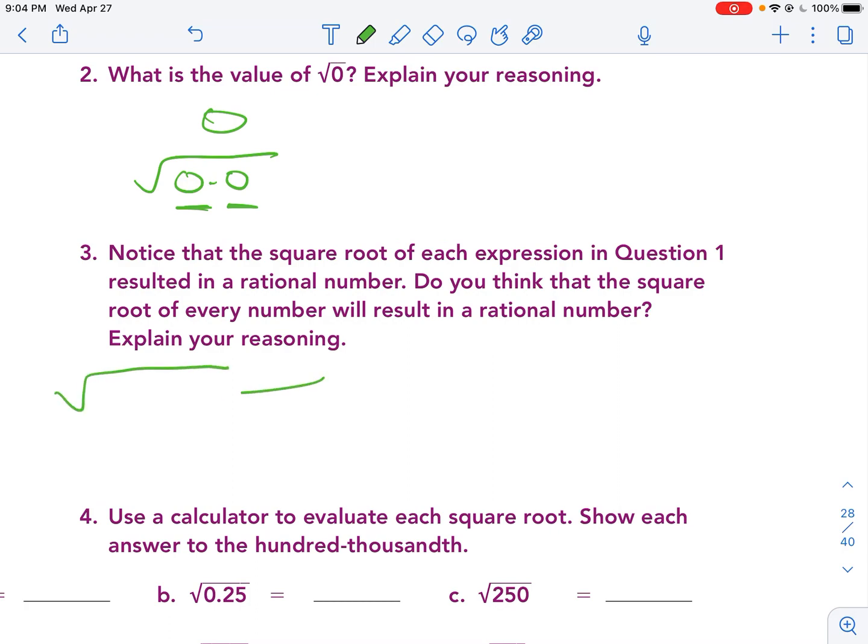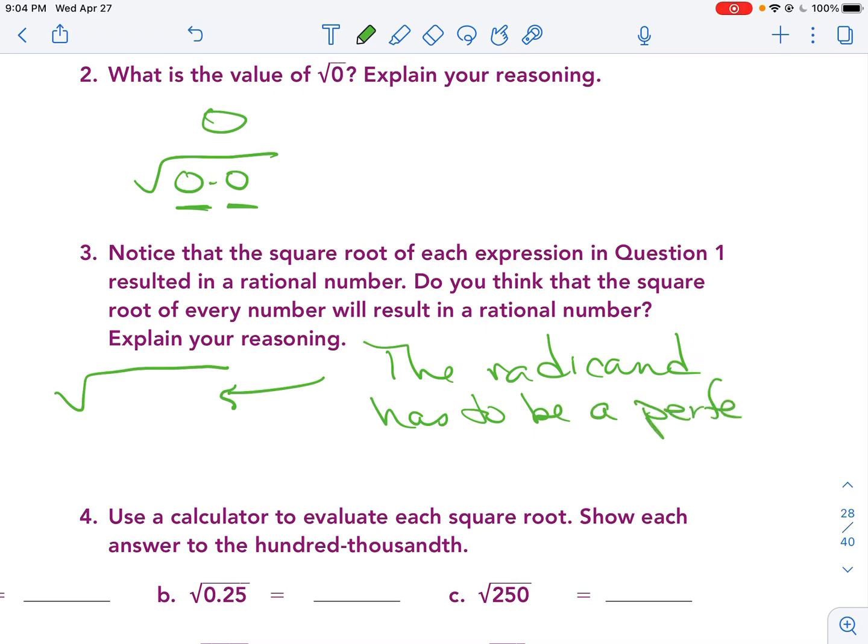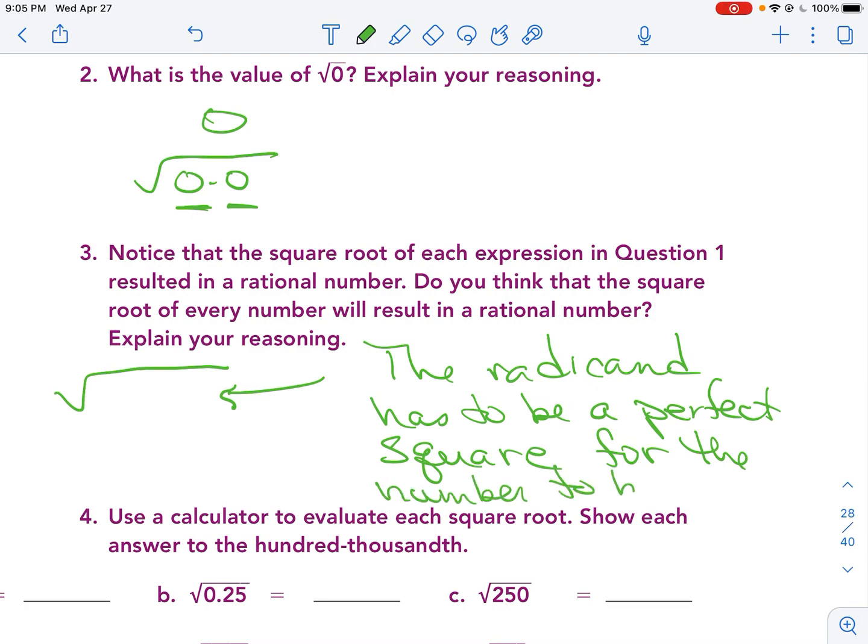Well, as I said, in order for it to be a rational number, underneath the radical sign, the radicand, actually I want to write the radicand has to be a perfect square for the number to be rational.